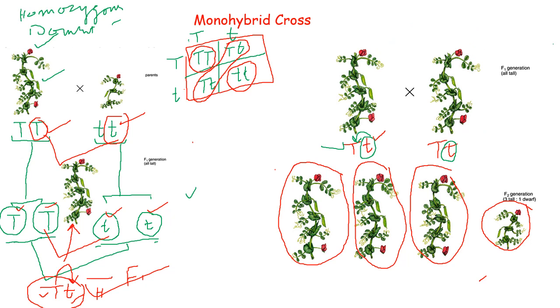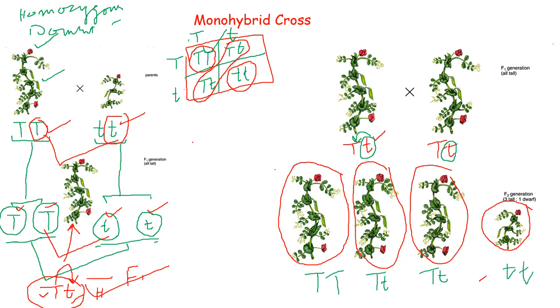See here, we have three tall plants, this capital T and capital T one. We have another two tall plants with the genotype capital T, small t, and we have one dwarf plant, that's small t and small t.